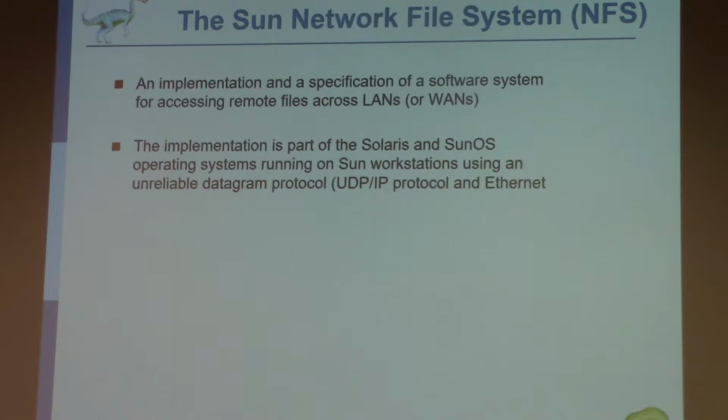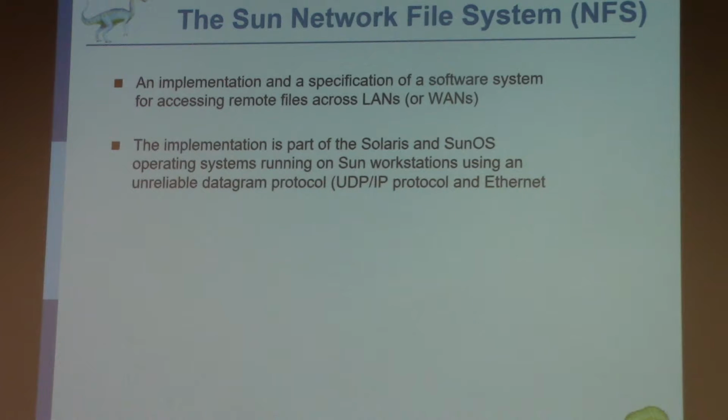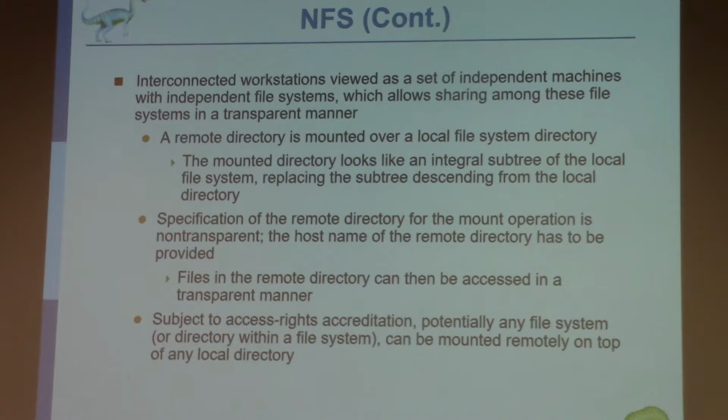So you can access the data from another remote server as if you are using the local server. That's the transparency. So you can use either UDP or TCP. What's the difference? Please check that; we already discussed it in process communication.